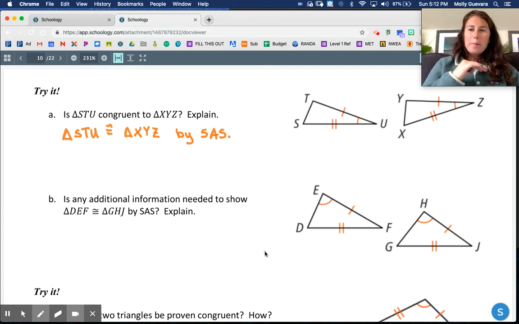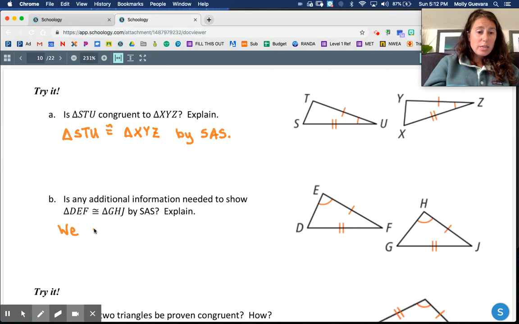And then for part B, there's actually multiple answers here. It says, is any additional information needed to show that these two triangles are congruent by side angle side? So yes, because right now I have side angle, which doesn't work. So we need more information. And I want to prove side angle side. So here's the side angle.